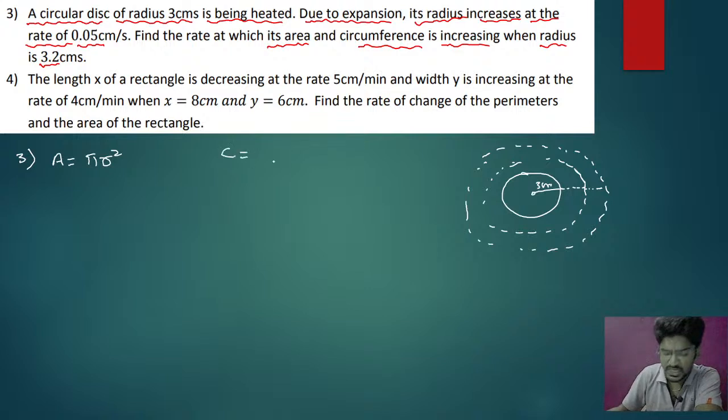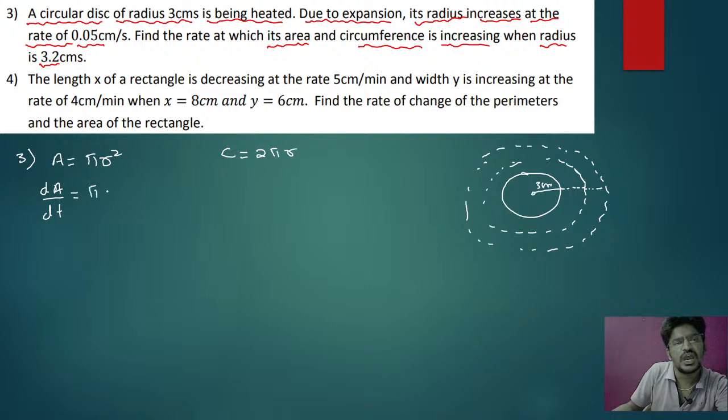Circumference of the circle is 2 pi r. Now we have to calculate the rate of change of area. So calculate dA by dt. That will be pi into 2r dr by dt.